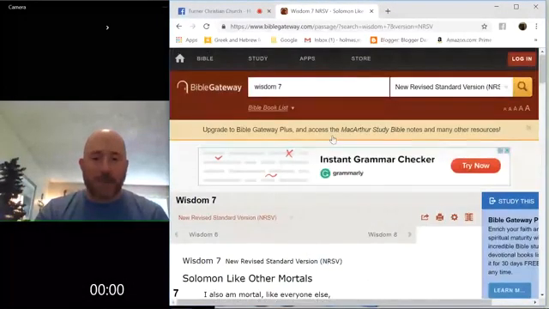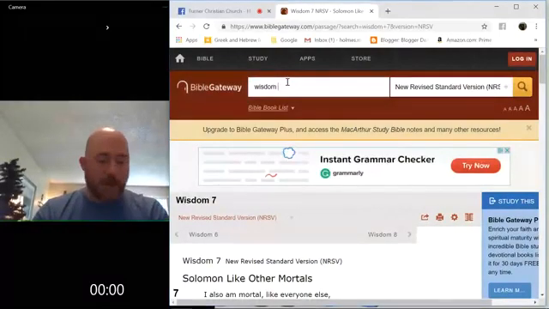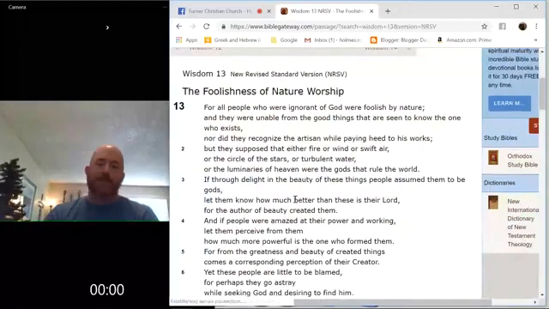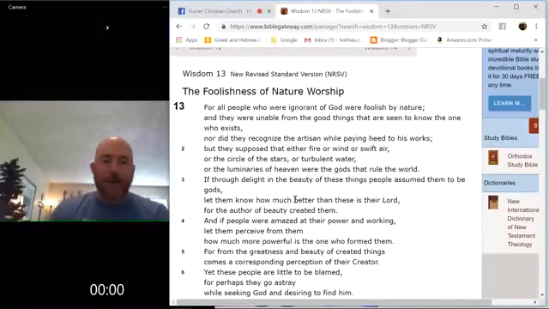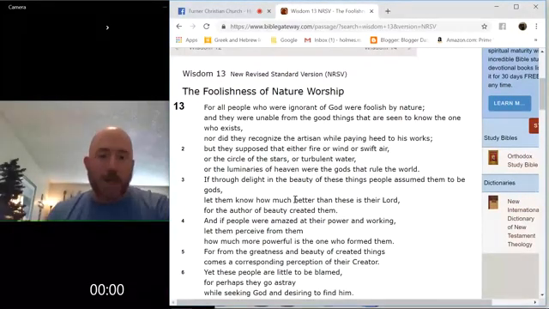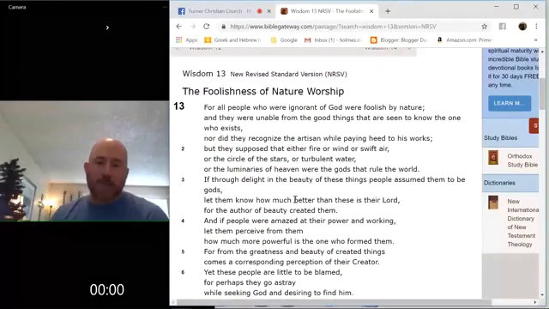There's one final passage that I want to show you, and that's in Wisdom chapter 13. Here's what it says. For all people who were ignorant of God were foolish by nature, and they were unable from the good things that are seen to know the one who exists, nor did they recognize the artisan while paying heed to his works.